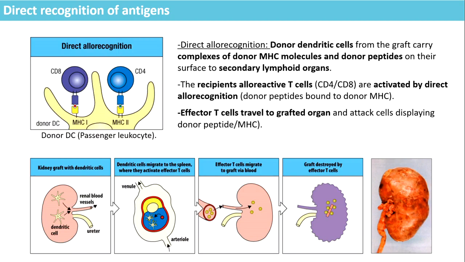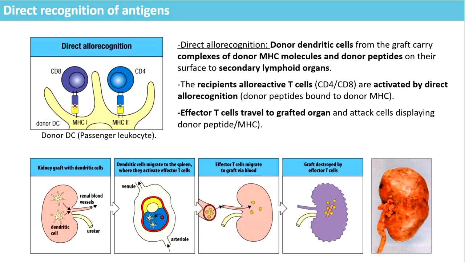This donor dendritic cell will then migrate to the secondary lymphoid organs, and it will encounter alloreactive T cells, CD4 and CD8 T cells, from the recipient, and these will become activated by this direct allorecognition. Then the effector cells migrate back into the graft and mediate this immune response, attacking the graft cells that are displaying that donor peptide, resulting in graft rejection.